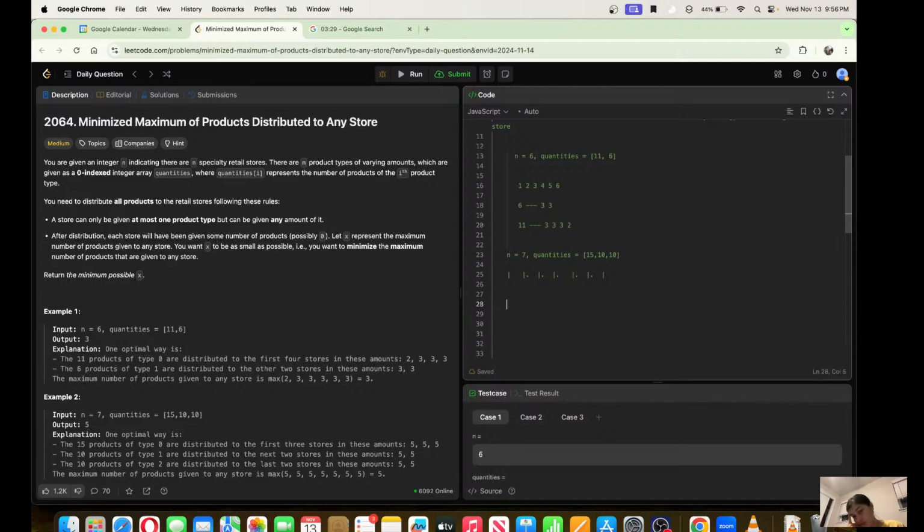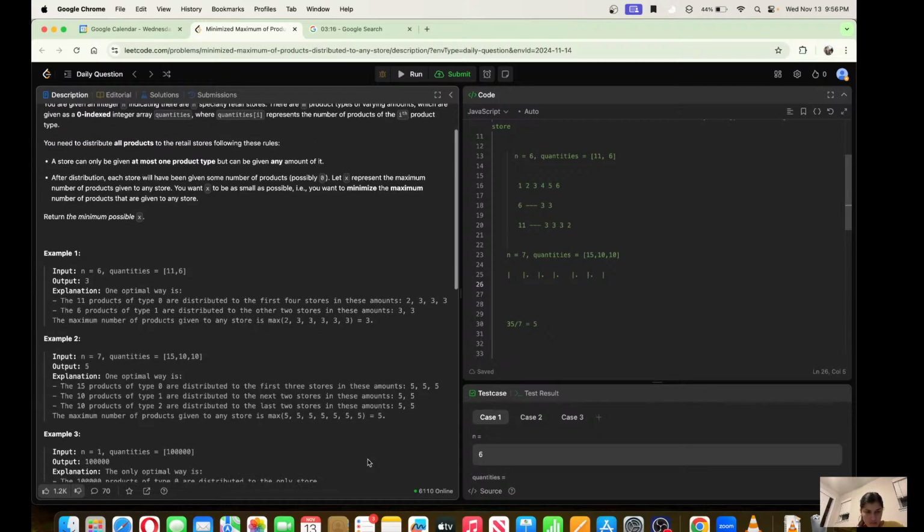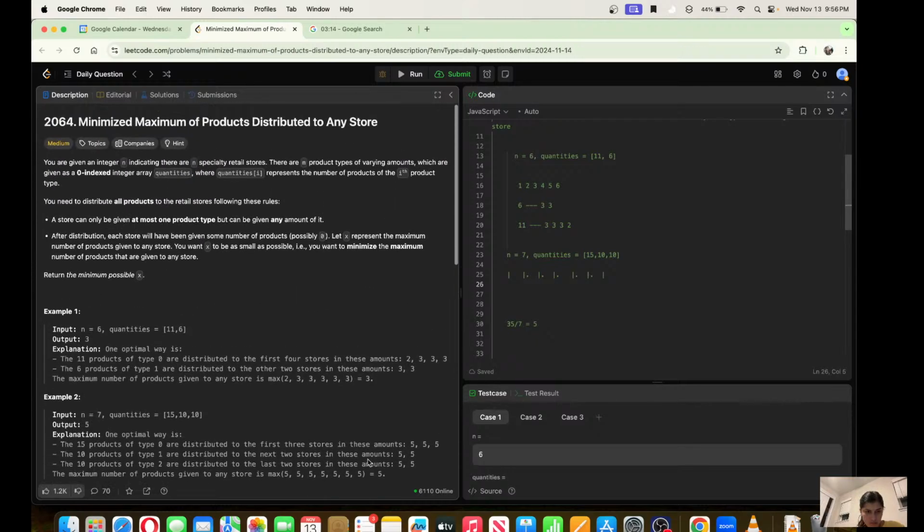15 10 10, 20, 20, 35. 35 divided by 7, 7 5s are 35. Oh, nice. Yeah, this is easy. 5 by 5. Here also 11 17 divided by 6 is 6 2 is 12. Yeah, I still can think of a solution though. Like, is this a solution?